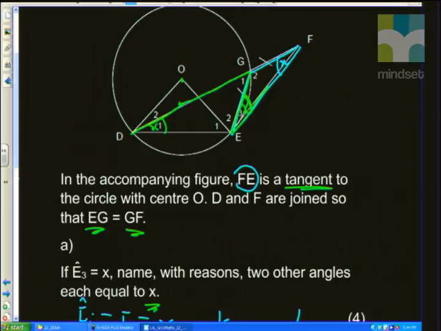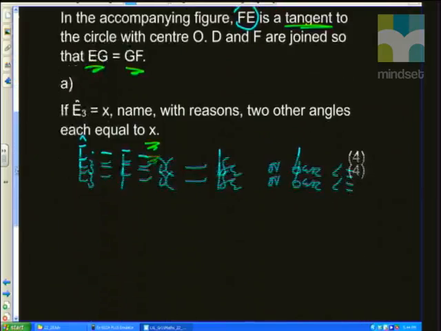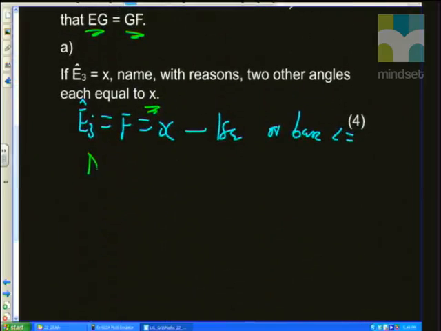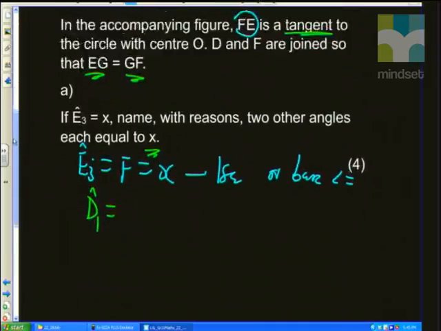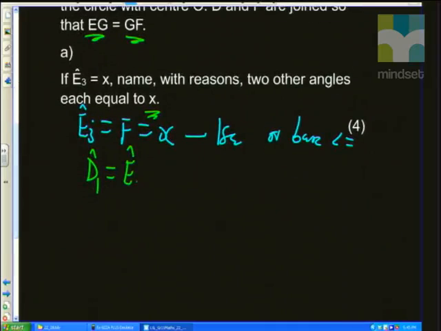So this will also be X. So therefore D1 equals your E3 equals X, and that is your tangent chord theorem.